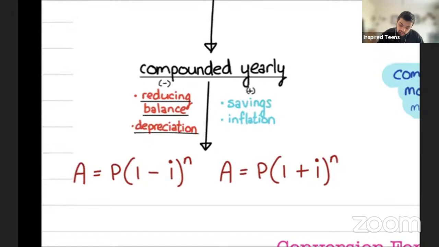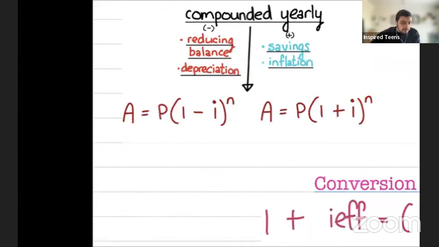So those are keywords that we need to use compound interest with a negative, and savings or inflation, we need to use compound interest with a positive. So here are the formulas. The difference between simple and compound is that the n, the number of years or number of payments, is in the power. The rest is still the same: A is our after, P is our previous, i is our interest rate, n is number of years or number of payments.